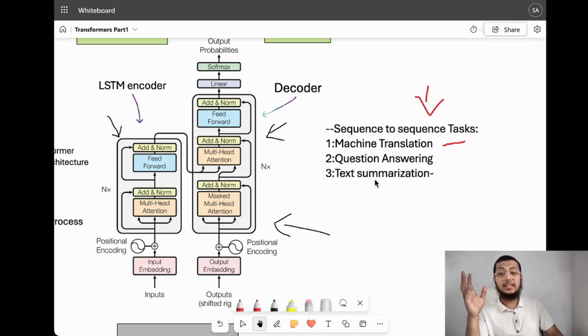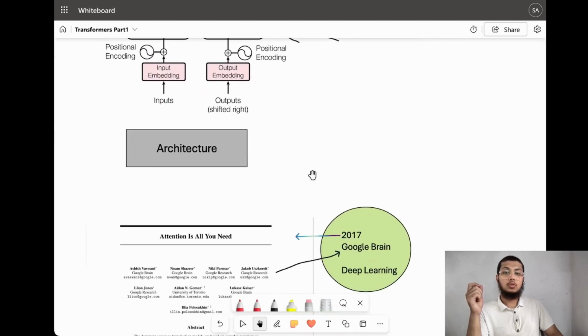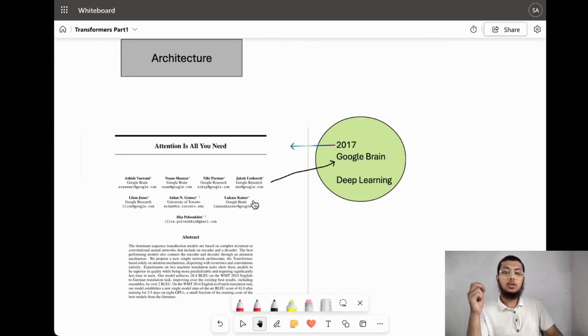It's actually a fun thing to know: when these researchers wrote and published this paper, they made transformers only to solve the task of machine translation and to achieve state of the art results. They also did not know that transformers would become such a big thing in the next 7 to 8 years. They didn't think that it would revolutionize the entire space of deep learning.